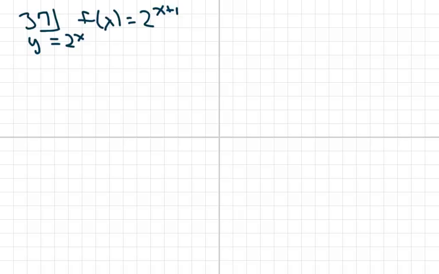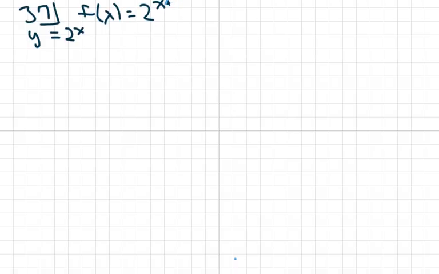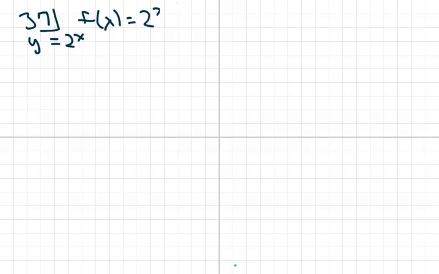Whoops, I wrote this down wrong. Alright, so this is 2 to the x plus 1. Sorry about that. So we're shifting it up by 1. That means my horizontal asymptote is y equals 1.